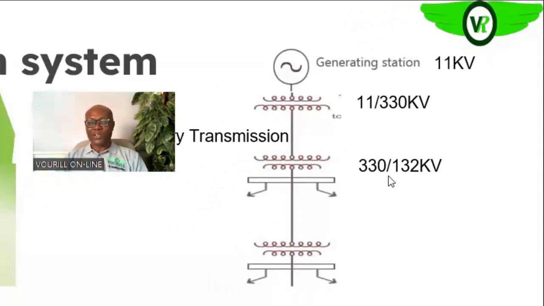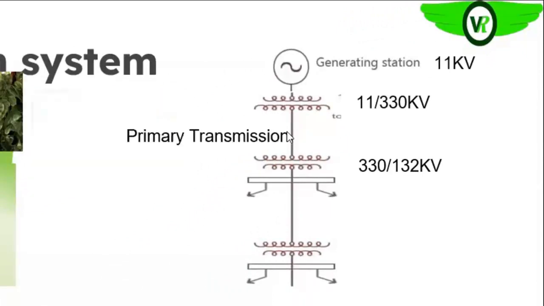So as you can see on your screen, this area is the primary transmission system. Then we have the secondary transmission system also. Now, the 132 kV is further stepped down at another substation from 132 to 33 kilovolts, okay?